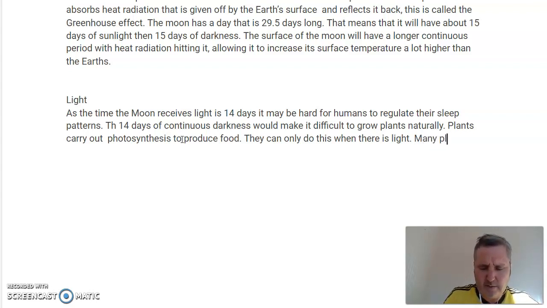Many plants may not survive 14 days without producing food.